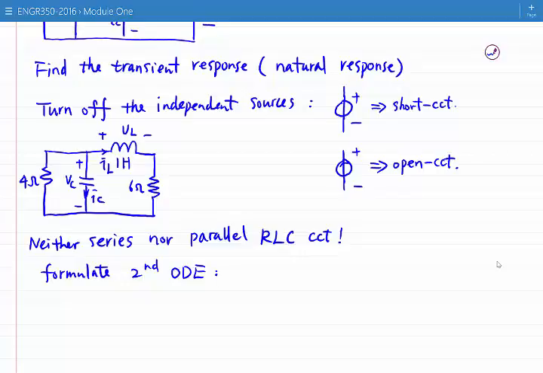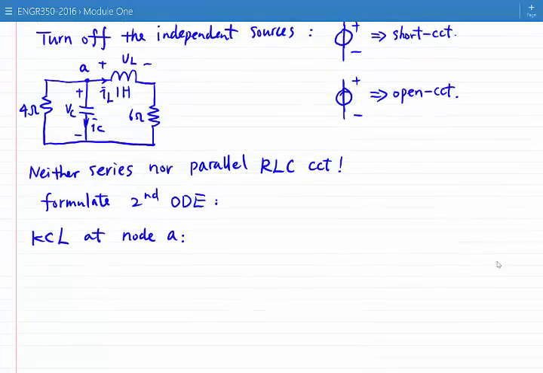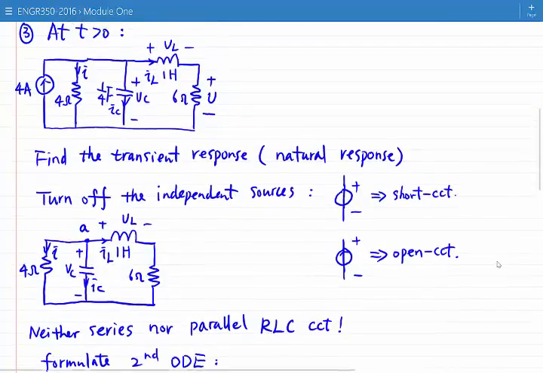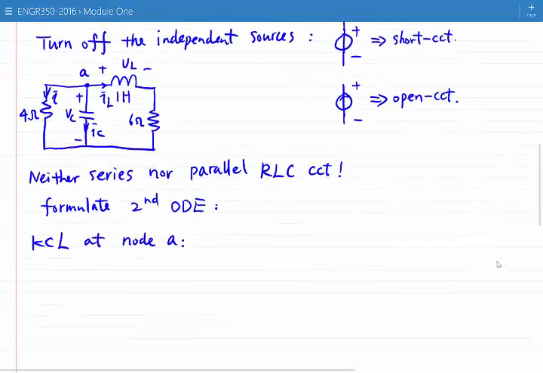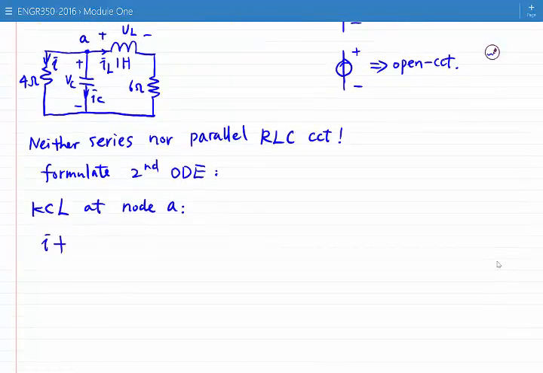So let's first apply KCL at node A. If I define node A is here, the current flowing through the 4 ohm resistor is I. So I plus IC plus IL is equal to 0.